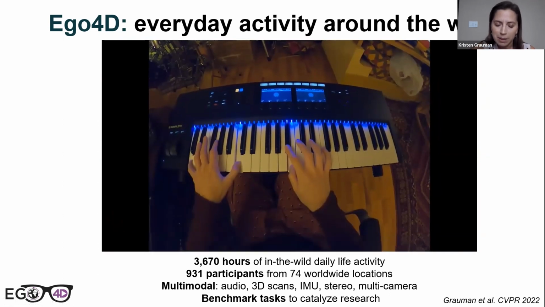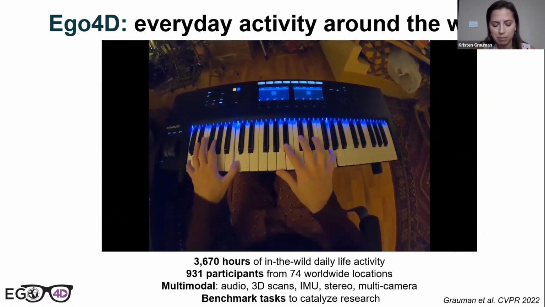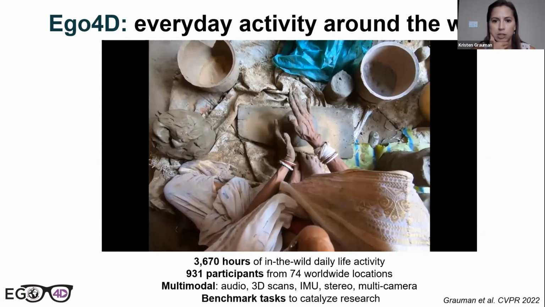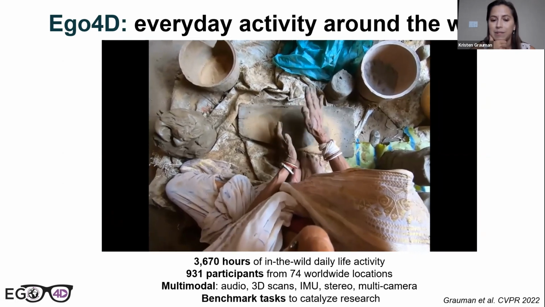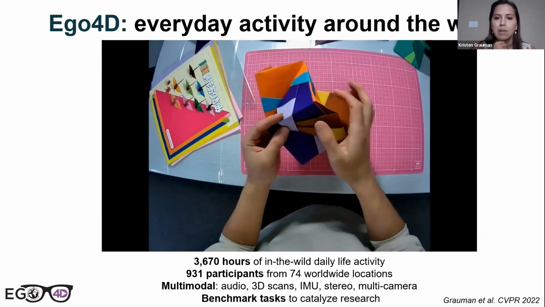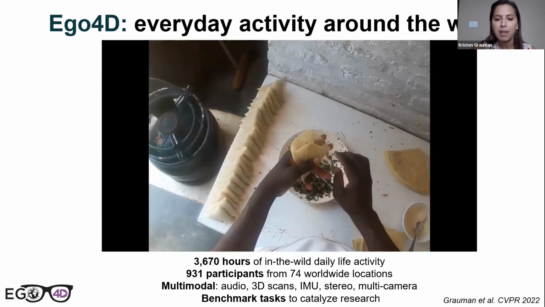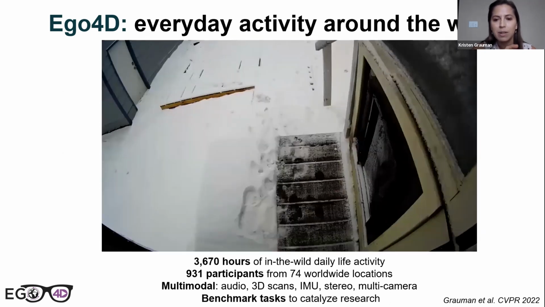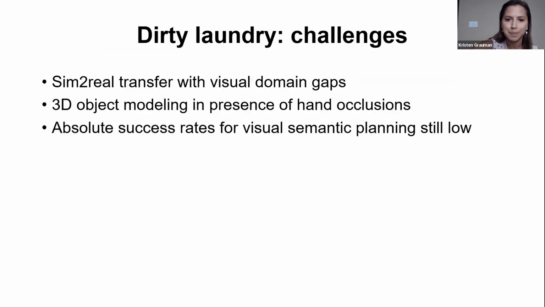This is a public data set to support research and the benchmarks that come with Ego4D that we've proposed, as well as things like I've just been showing. And I'll finally emphasize it's a multimodal data set. The video is the core, but there's also audio, 3D scans for portions of the data, IMU, stereo, and multi-camera capture.